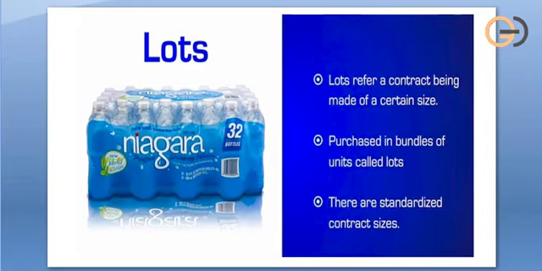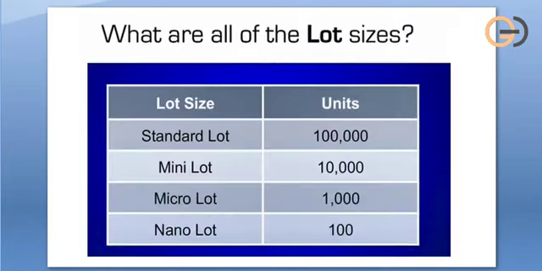So you need to know how much money you are willing to put into the forex market, and that will determine how much money you'll be able to get and how much money you can lose also. So the lot sizes are different. We have the standard lot, we have the mini lot, we have the micro lot, and the nano lot. All of them have their units of measurement of price.